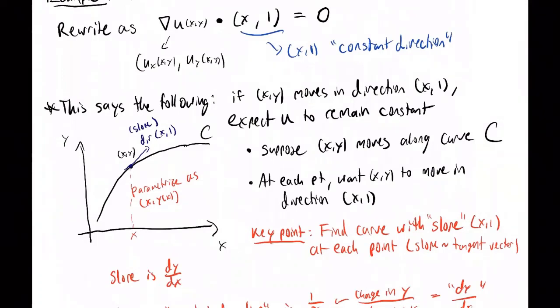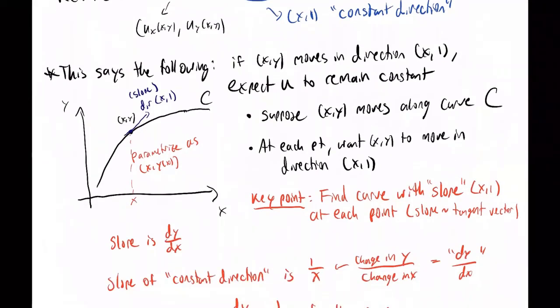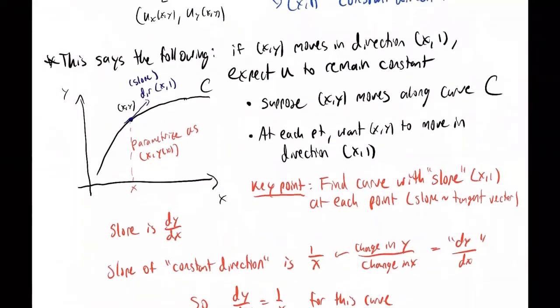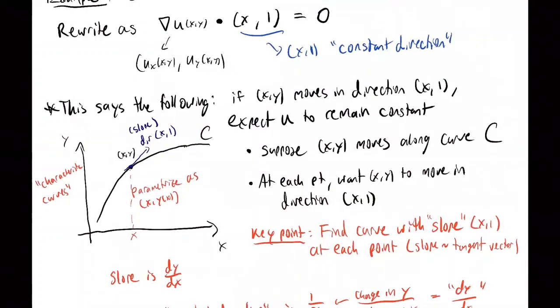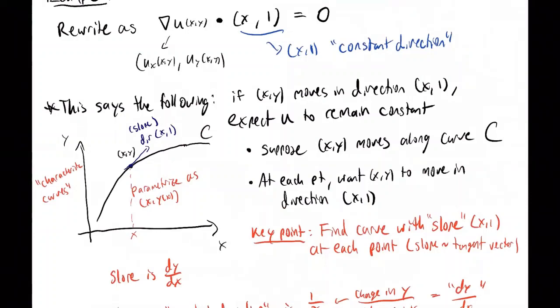It's going to depend on whatever the coefficients are. And as before, these are called the characteristic curves. These are curves that we found by looking at the equation, interpreting it as a directional derivative, and then solving some ODE to write down the equation of these curves.